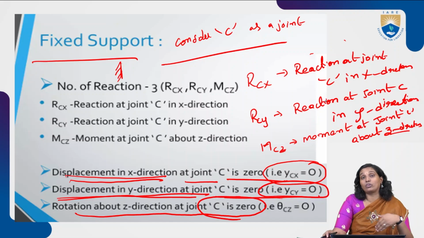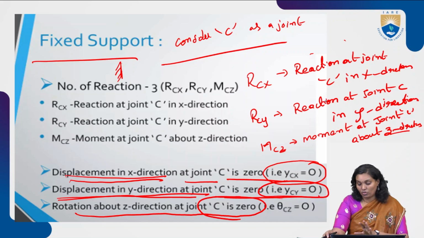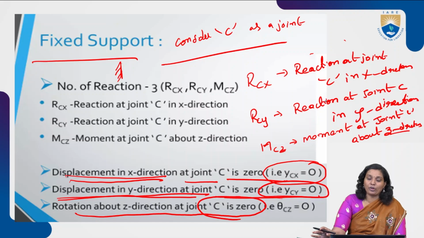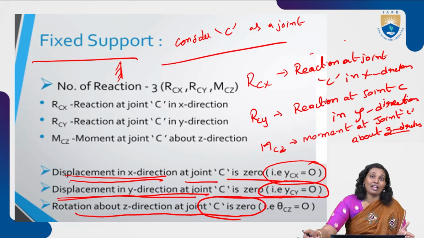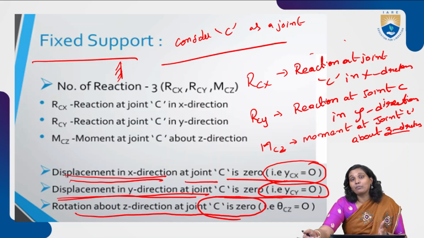These are the parameters we understand for the fixed support, because for identifying the degree of static indeterminacy as well as kinematic indeterminacy, the type of support plays a role in getting the number of reactions, how many unknowns are left, and how many compatibility equations or other methods are required for analyzing the structure.